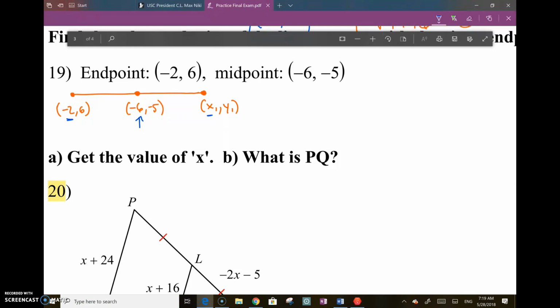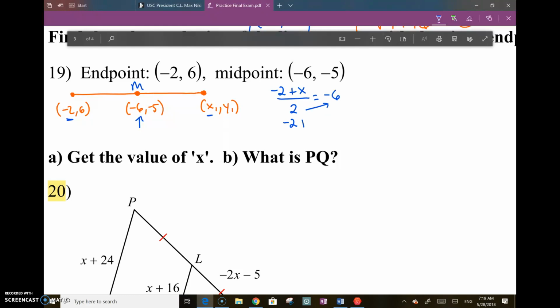If I write it the way I say it, it would be -2 plus whatever value of x is my other endpoint, divided by 2, equal to -6, which is the x value of my midpoint. And so if I solve this, by cross multiplication, I multiply these two together.